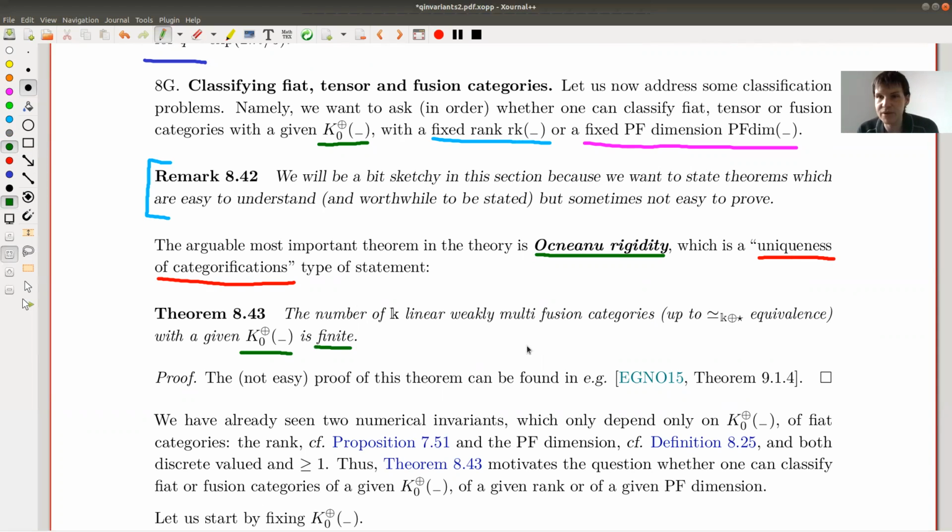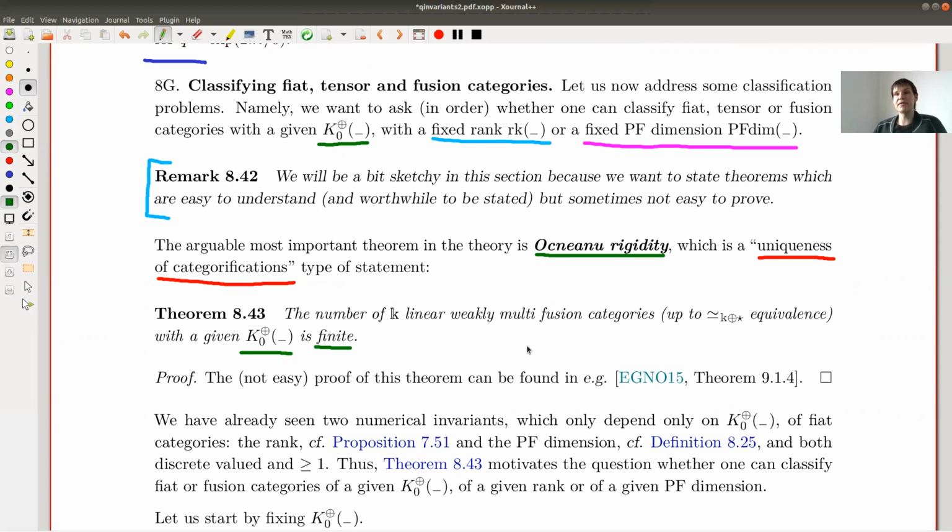So this is just really basically saying classification problems are not hopeless, because for fixed numerical invariant you would get a finite answer. This is still far away from classifying those things, but at least you can expect a finite answer. And it's really a deep theorem. It's really not easy to prove.